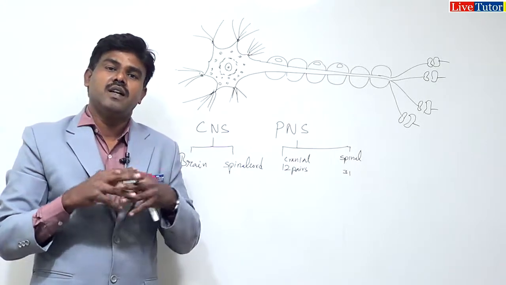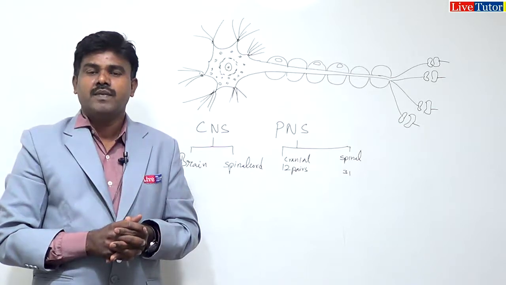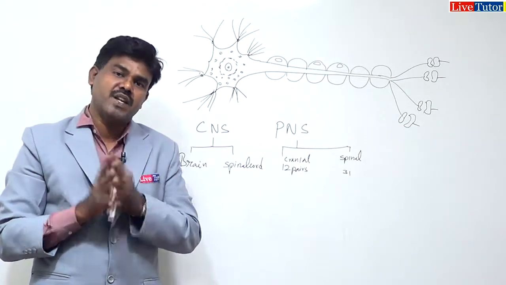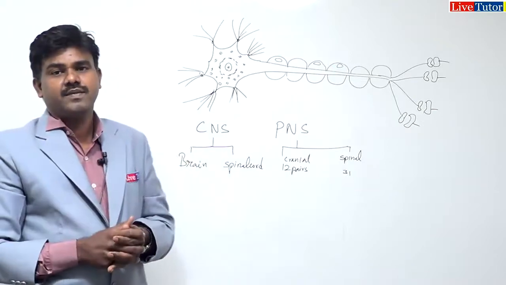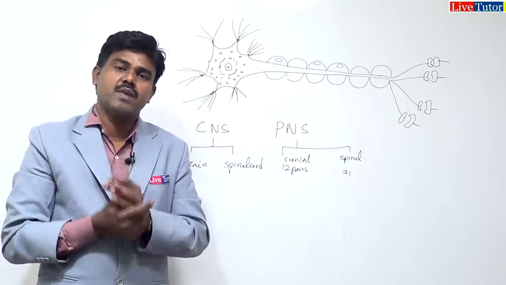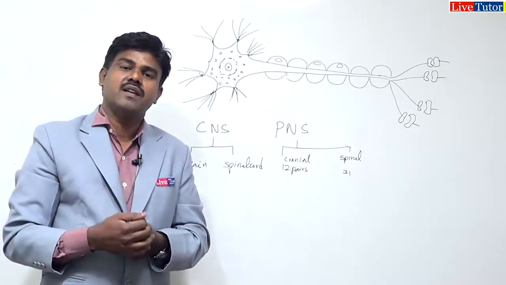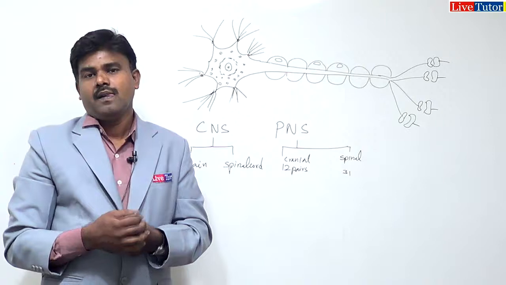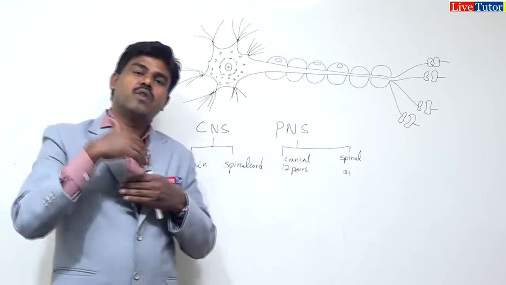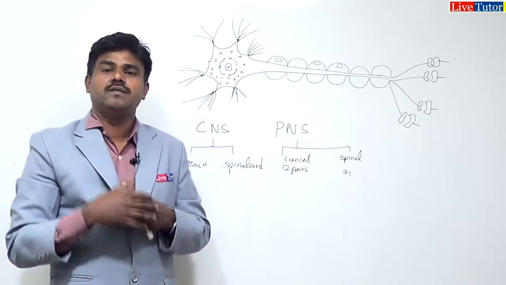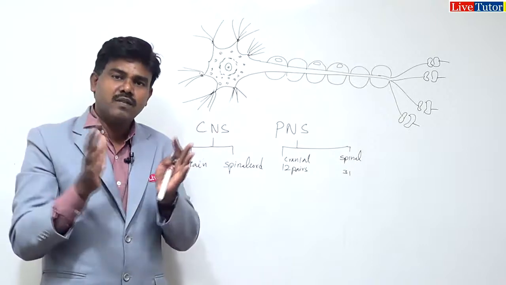We cannot replace a neuron. The same number of neurons present at birth is maintained, because neurons do not have the property of cell division, so they cannot be replaced. Even after the age of 50, the number of neurons will be reduced.